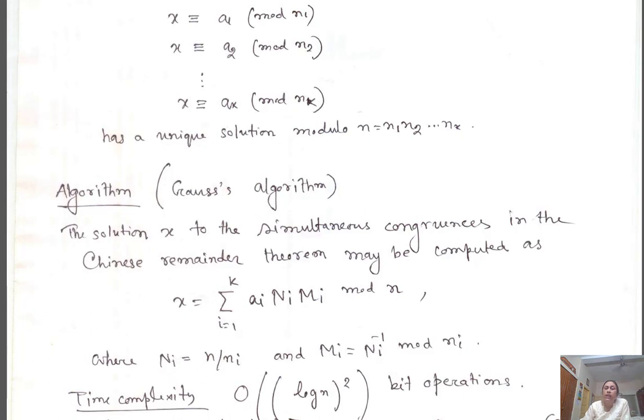So N1 is n2 into n3 into nk, and N2 is n1 into n3 and so on; all are the product of all of them except the ith modulus. And Mi is Ni inverse modulo ni.